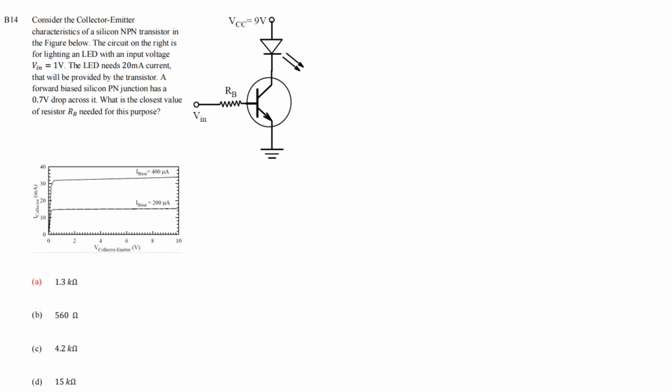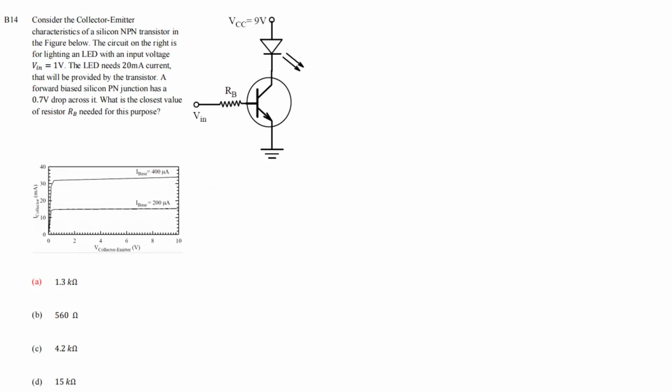The circuit on the right is for lighting an LED with an input voltage of V in equal to 1 volt. The LED needs 20 milliampere current that will be provided by the transistor.